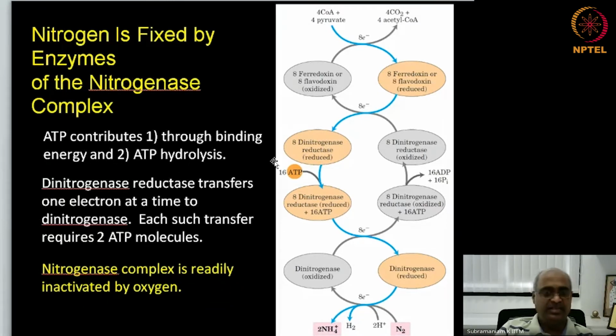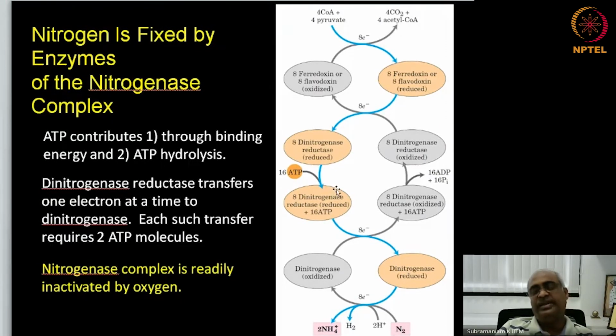The electrons are taken up in the 4Fe4S complex that we saw is part of the dinitrogenase reductase. Then it binds the ATP molecules and transfers the electrons to the dinitrogenase, and the ATP is hydrolyzed, and then it goes back to the oxidized form. Then it can do the cycle again. It takes one electron at a time and transfers one electron at a time to the dinitrogenase complex.